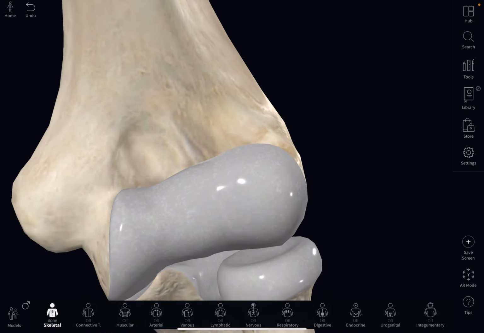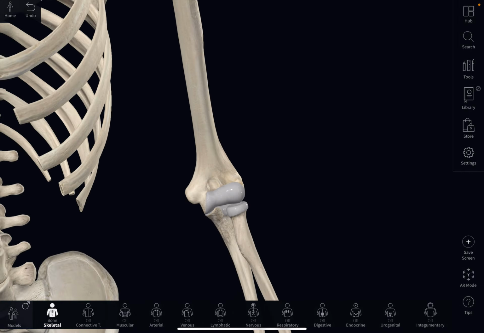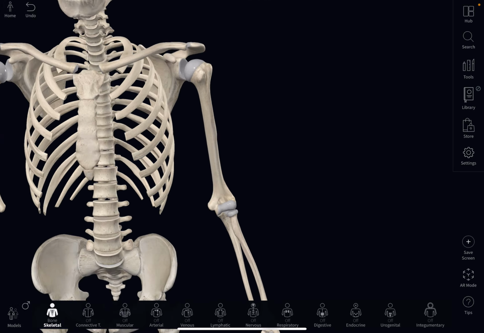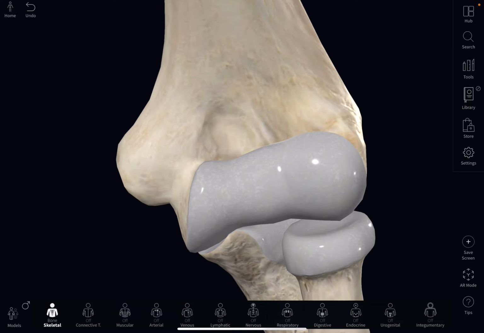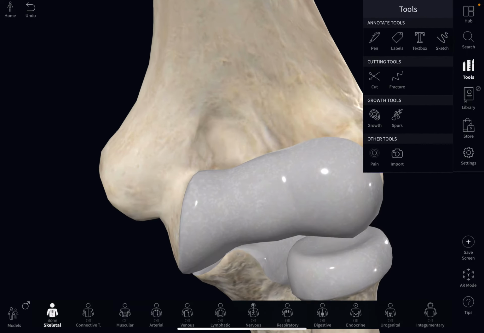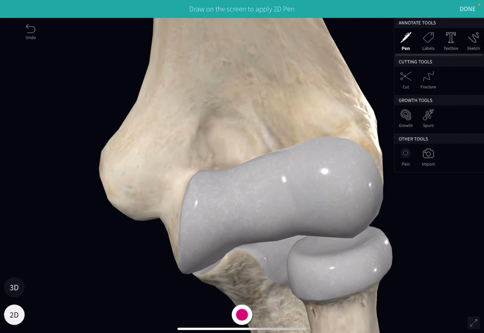Now see this is the anterior aspect, the front aspect. Now when I focus this area here, you can see the medial epicondyle. This projection here is the medial epicondyle. It's very prominent compared to that of the lateral epicondyle. So here is the lateral epicondyle.